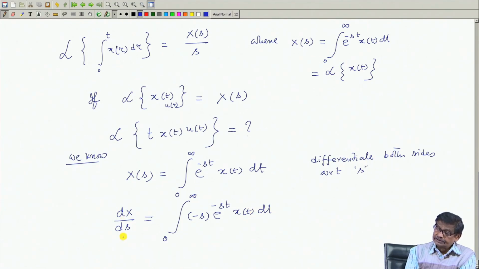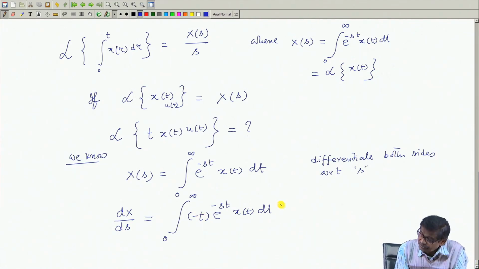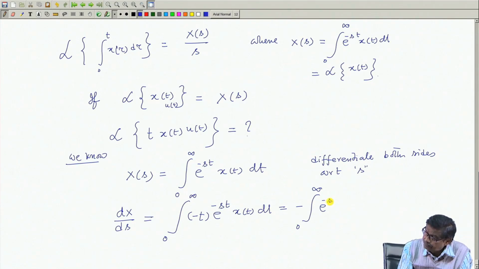So, this will be equal to minus, the integration sign can be taken outside, e to the power minus s t into t into x(t) into dt.